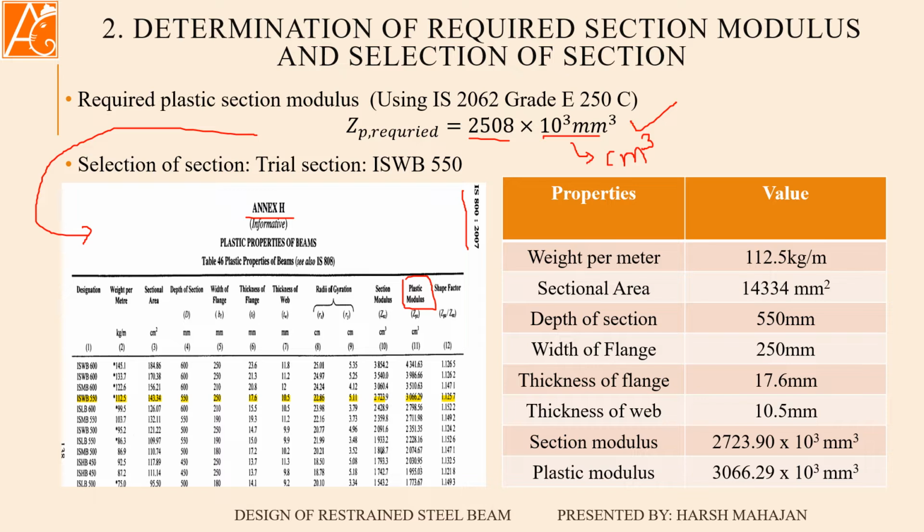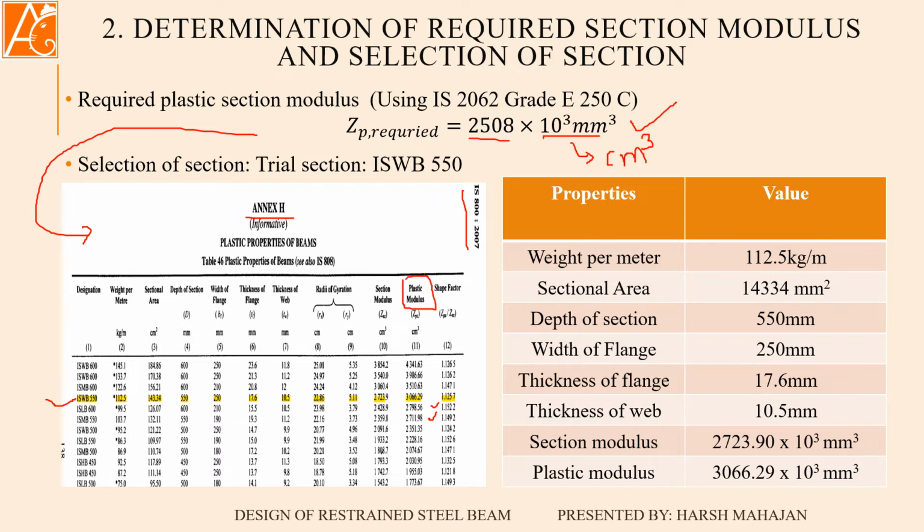So in centimeter cube we can find sections which are greater than 2508. This one. But I am selecting a bigger section so that in any case my beam does not fail in the next section. Secondly, we have not considered the self weight, so for self weight also Zp required will be higher. That's why I am considering a higher modulus beam.